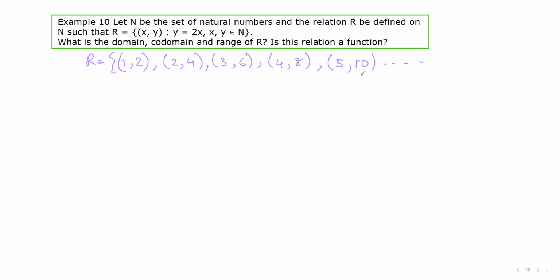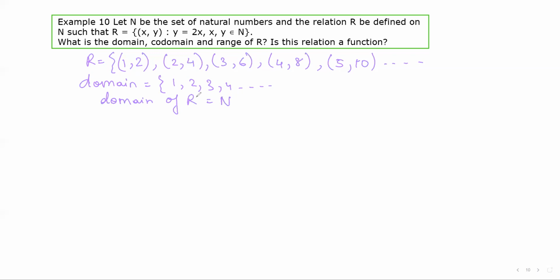As you can see, you can find a pattern, which is y is equal to 2x. It also means your domain will have values like 1, 2, 3, 4, and so on. So can you see that the domain of R is the set of natural numbers?